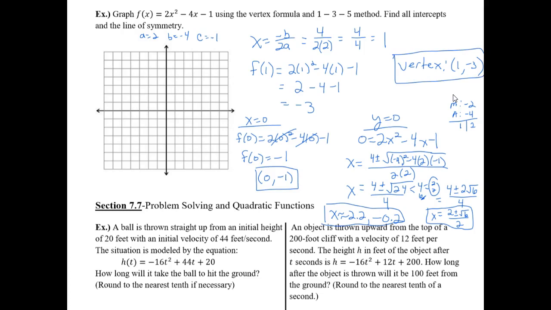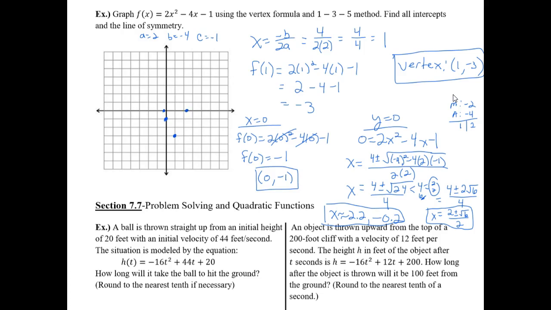So I start with my vertex at positive 1, negative 3. 1, 2, 3. I have my y-intercept at negative 1 on the y-axis, and my x-intercepts are decimals, so approximately 0.2, negative 0.2 here, and positive 2.2, so 1, 2.2 over here.